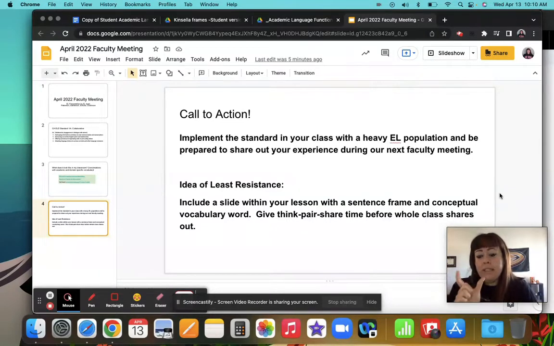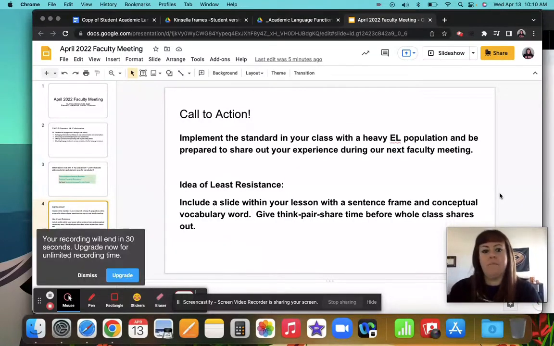So maybe include that sentence frame and a conceptual vocabulary word. Conceptual vocabulary has to do with your content specifically. So like in science, I'm going to use a sentence frame and mitosis specifically. And then in math, I'm going to use a sentence frame and a math word, right? There's more to this which we can follow up with, of course.